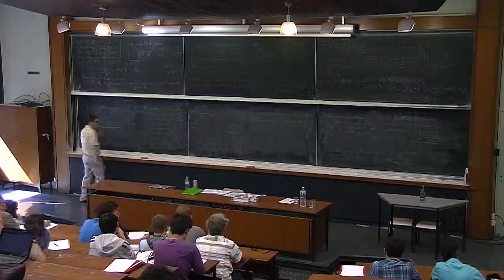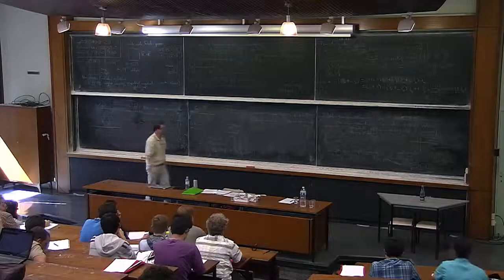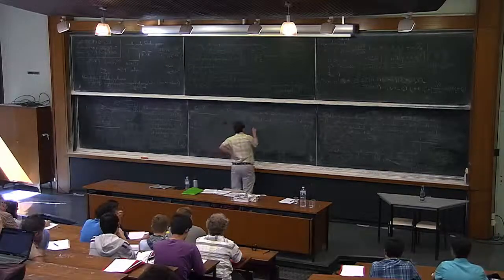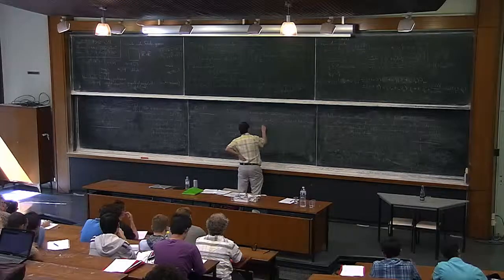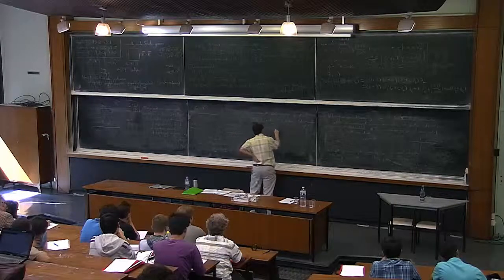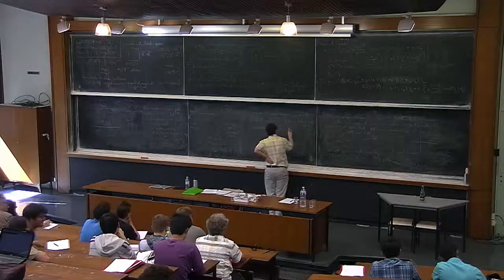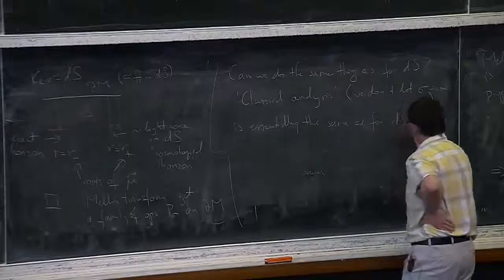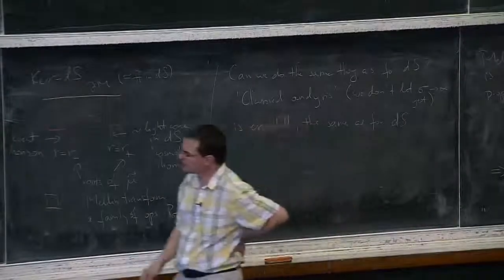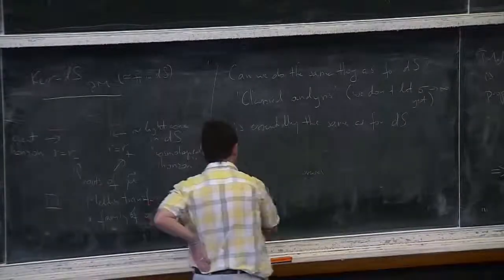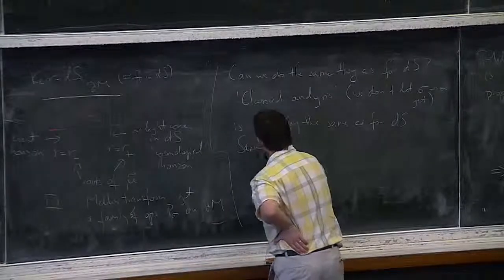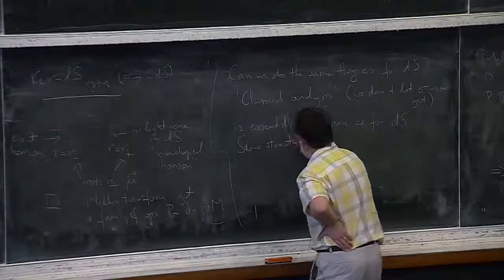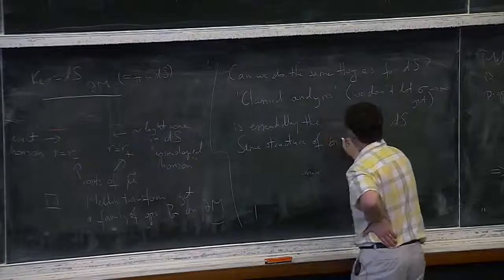So this actually is very similar. It's essentially the same as for de Sitter. In fact, you have exactly the same structure of the bicharacteristic flow.